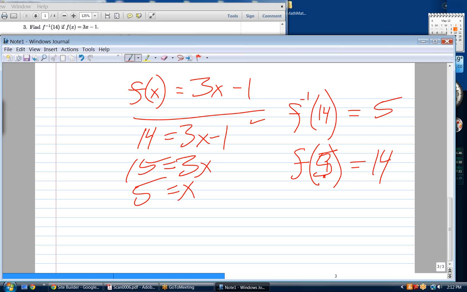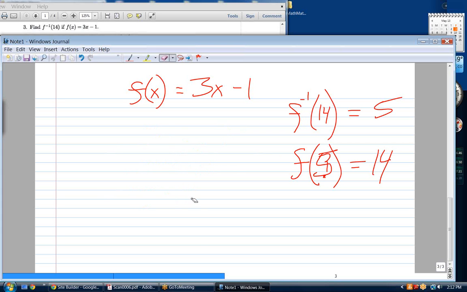Now, whether that's easier than solving for the inverse, I don't know. But when you get to calculus, there will be applications where this principle is important. The most important principle to learn is that if f inverse of 14 equals 5, then f of 5 equals 14.